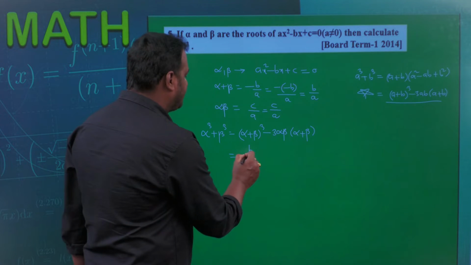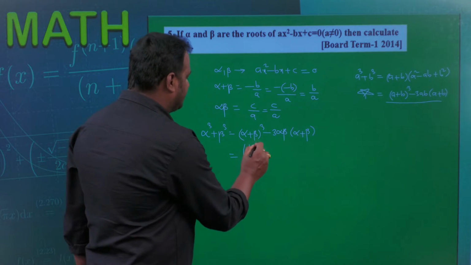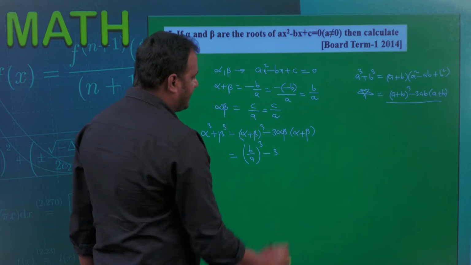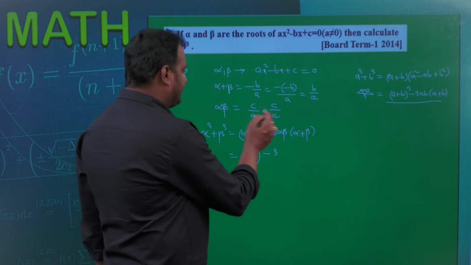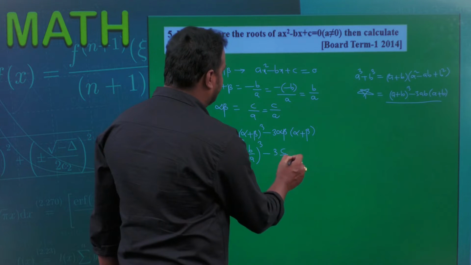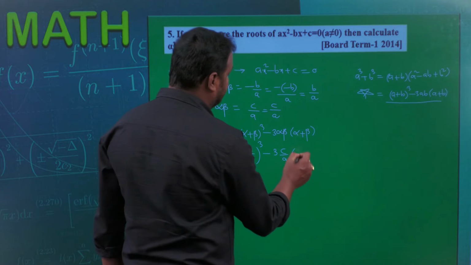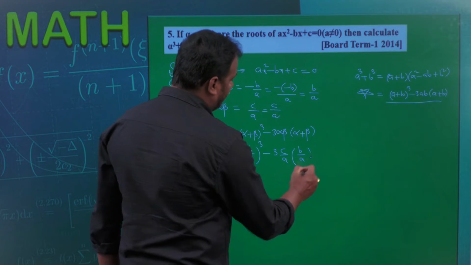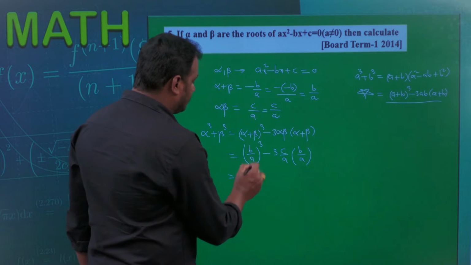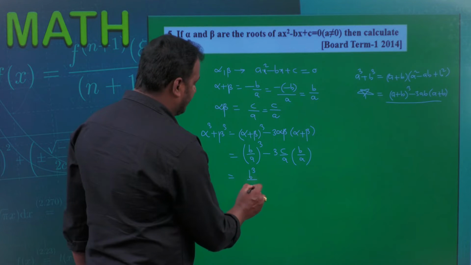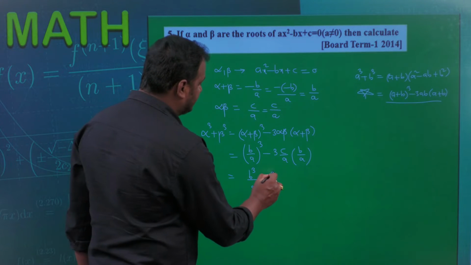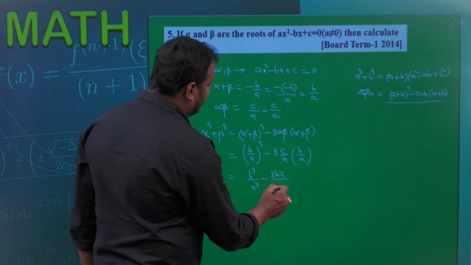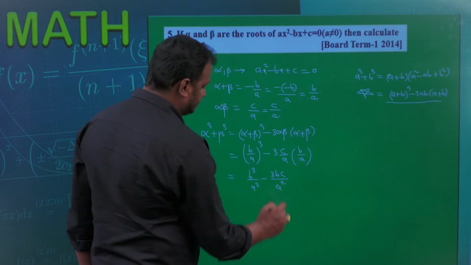So substitute b by a in the place of alpha plus beta, that is whole cube, minus 3 alpha beta. Alpha beta is equal to c by a, so 3 c by a into alpha plus beta is again b by a. Okay, so b by a whole cube is b cube by a cube minus 3bc by a square, correct?